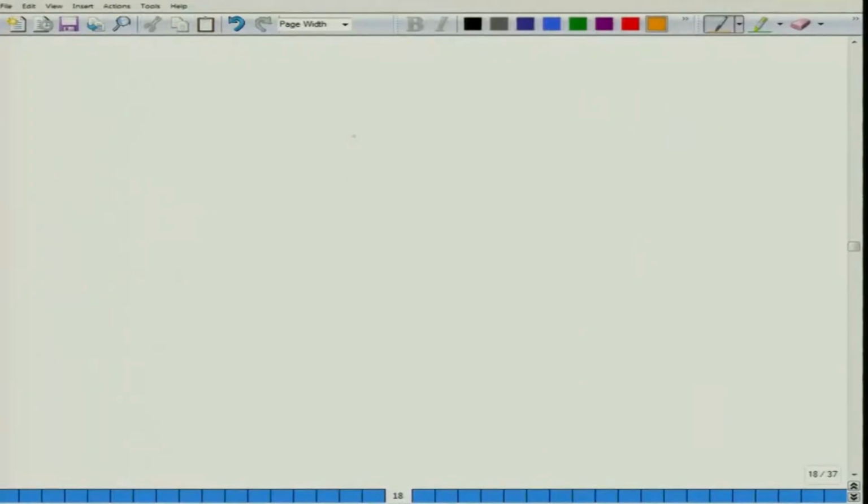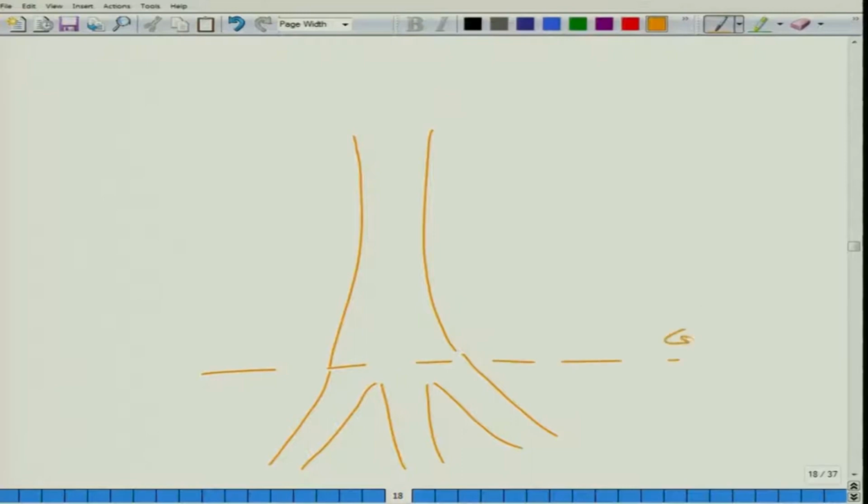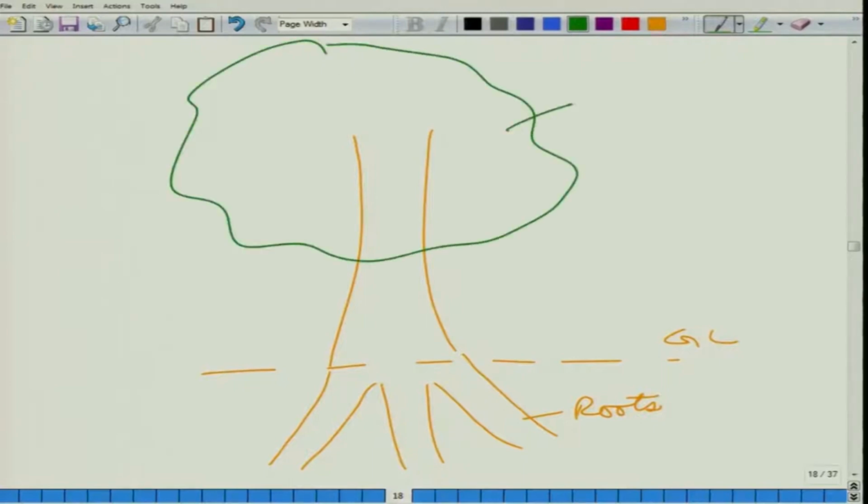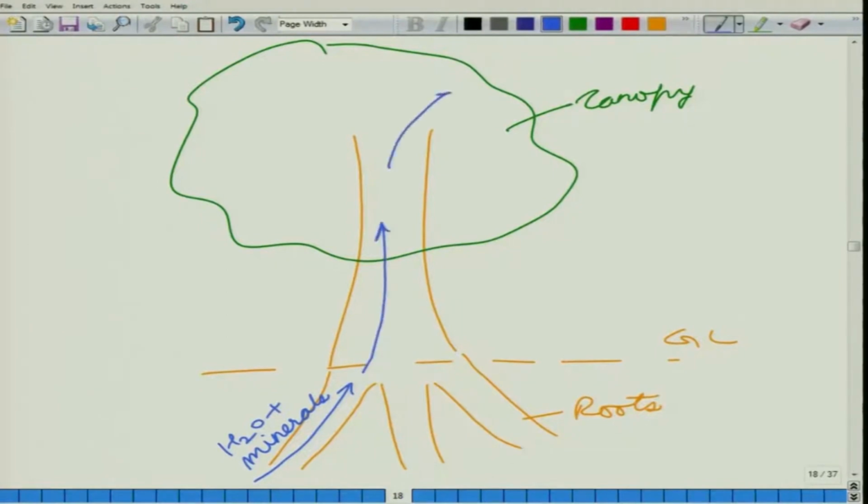Because let us consider a tree. So this is the ground level, these are the roots, and then this is the canopy. Now the roots are taking in water plus minerals from the soil, then that water and minerals go up the bole and then come to the leaves.